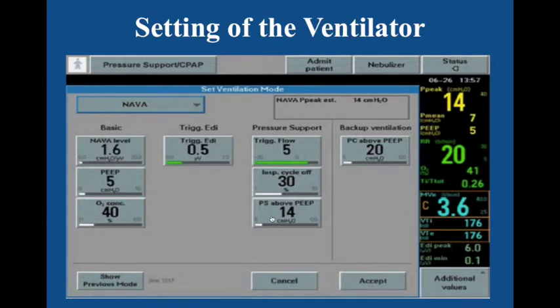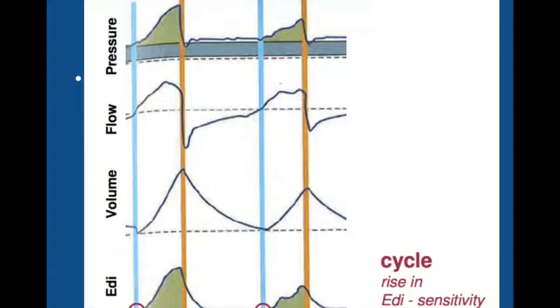So in conclusion, the basic settings are NAVA level, PEEP, O2, trigger, and Edi. We also have to set the cycle and the pressure support, and we also have to set the backup ventilation when we use pressure support. Then we just select accept, and the setting process for NAVA ventilation will be done.